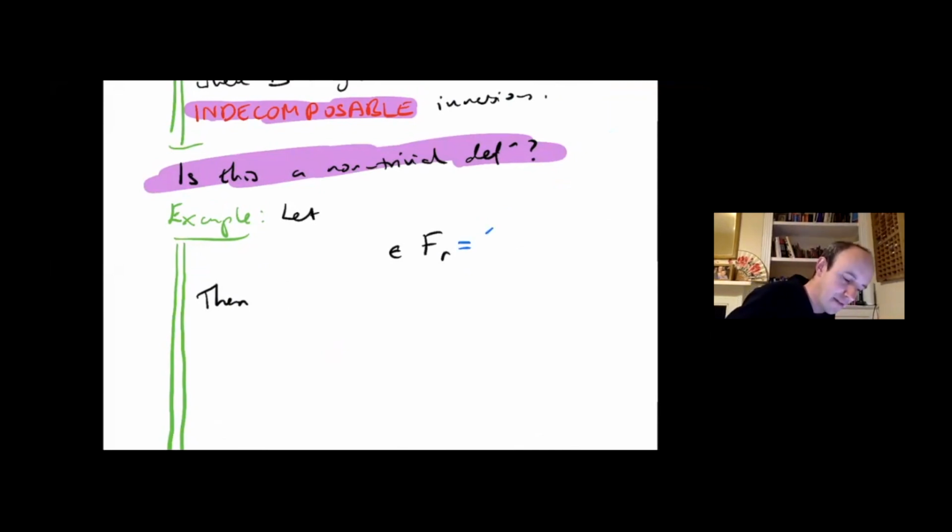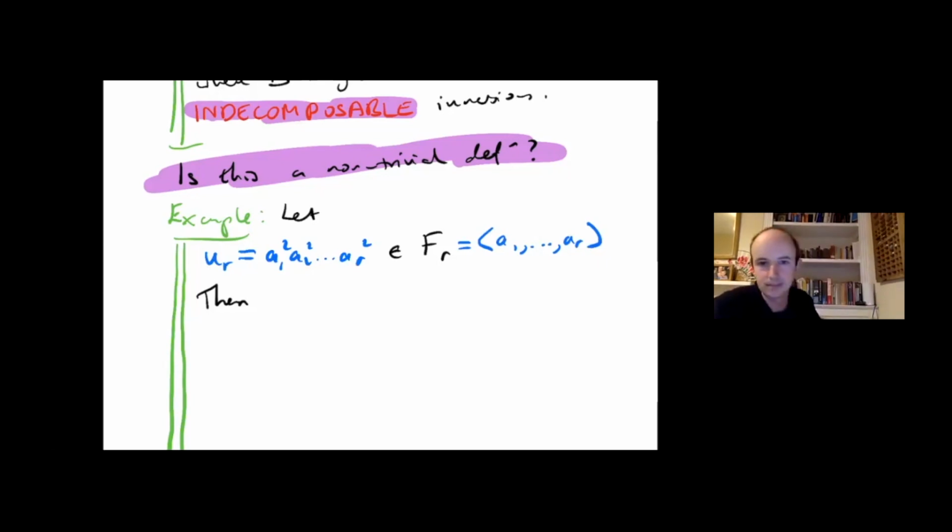If I take my free group FR generated by A1 up to AR, then I look at the word UR, which is defined to be A1 squared, A2 squared, up to AR squared.